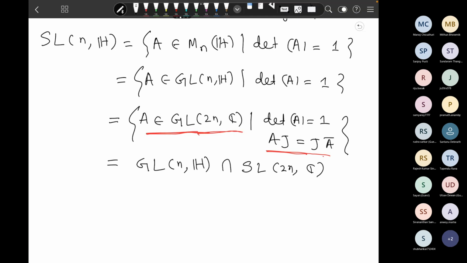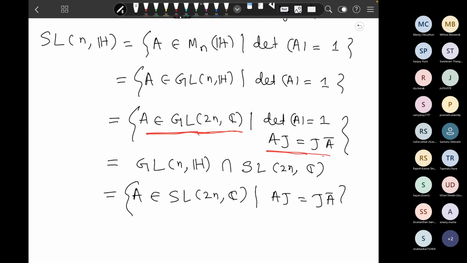Actually I should write here Z of GL(n,H), but I told you that I will not write that. Another thing is that you can write this condition as A belongs to SL2(C), so AJ is equal to J bar.